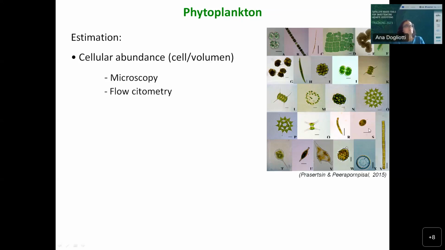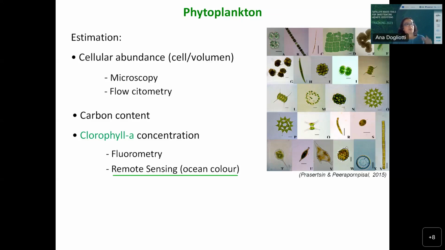We can estimate the amount as the carbon content, and also using what we call the chlorophyll concentration. It's not the only pigment present, but since it's present in all of the groups, it can be a proxy of the amount of phytoplankton present in the water. And for this, we can use fluorometry in the lab.